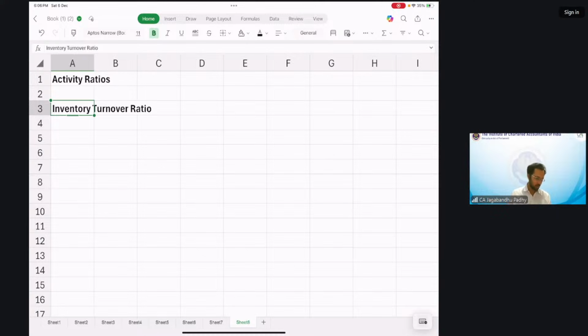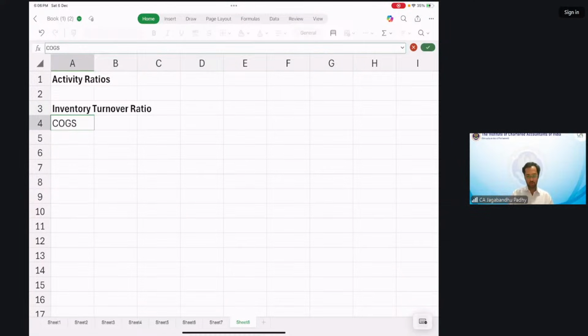As per the formula that we have got, inventory turnover ratio is going to be... okay, let me not go to the formula. Let me arrive at it in a more logical way.